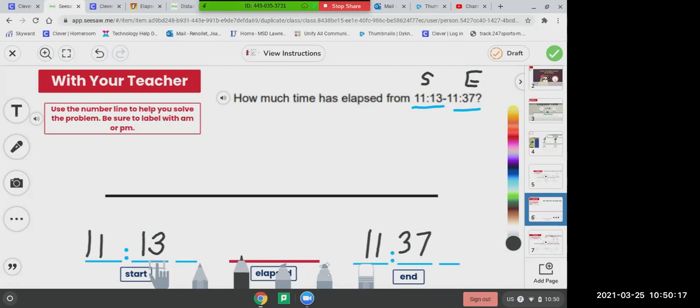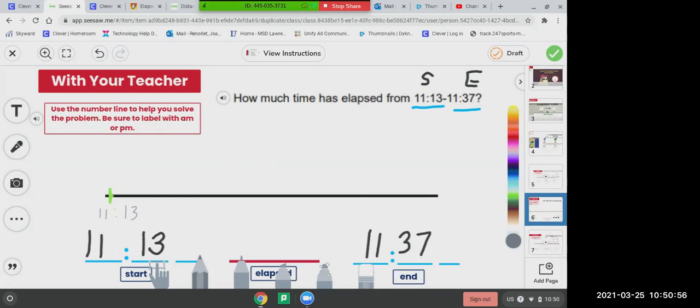Next, I can label my start time on my number line. I know I want to start on the left. My start time is 11:13. And just like Ms. Sharp, I'm going to go to the nearest 10 or 5. If we count by 5s or 10s, the nearest one would be 15.